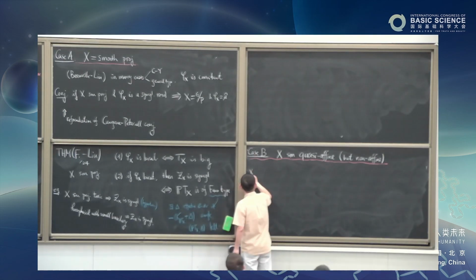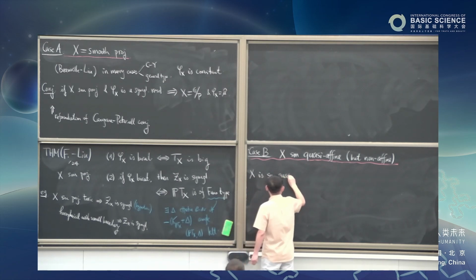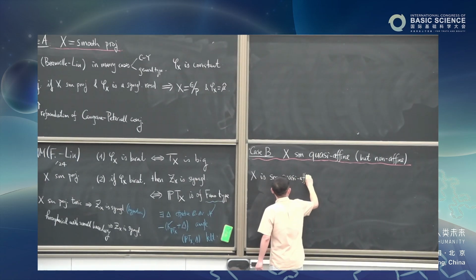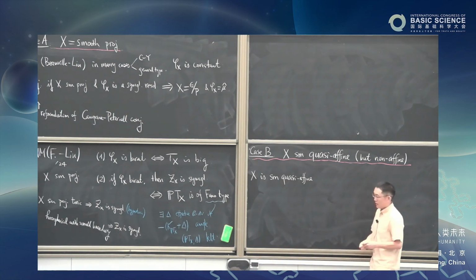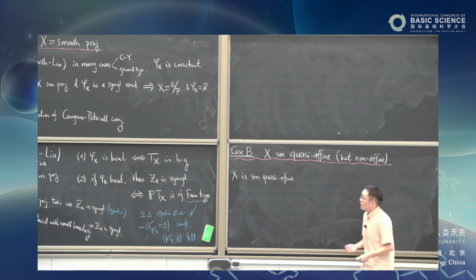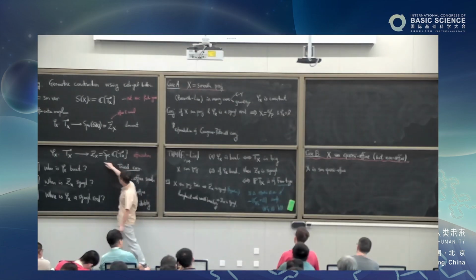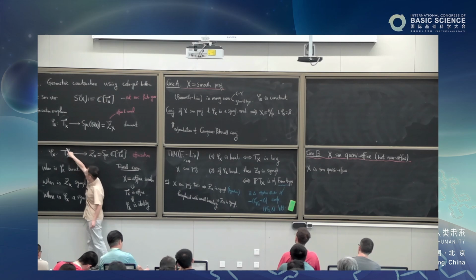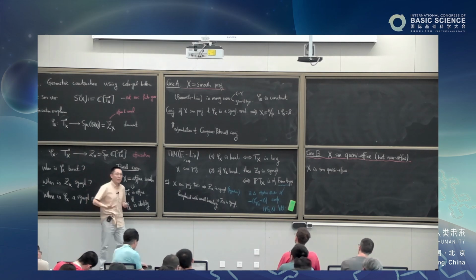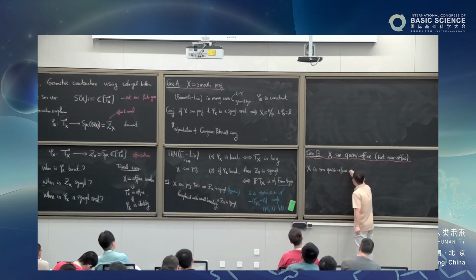Because if X is smooth quasi-affine, meaning it's an open subset of some affine variety, then it has many global functions. And remember, our morphism is the affinization, so we need to find global functions on the cotangent bundle. If X is quasi-affine, then it has many global functions. This is why this case is very interesting.